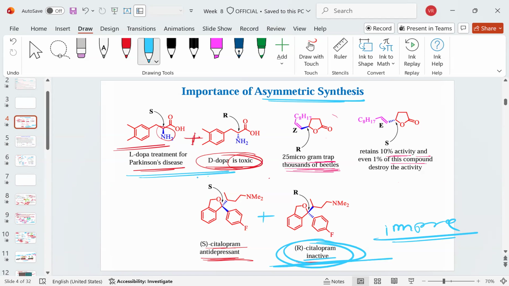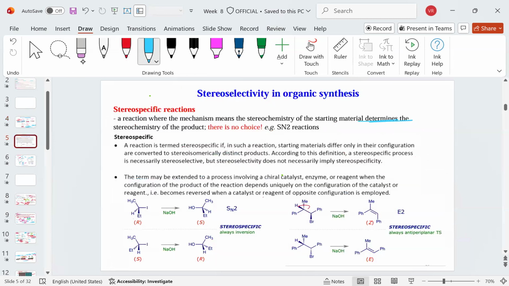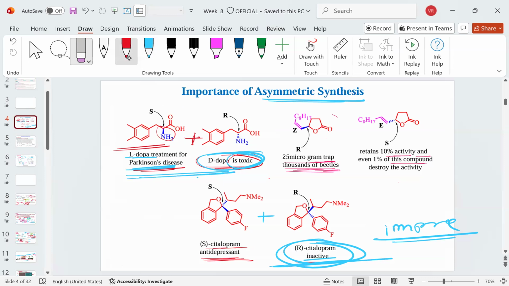But as in the case of dopamine, we cannot really sell this drug in the form of a racemic mixture or an enantiomeric mixture. We need a pure enantiomer of dopamine. Otherwise, a small impurity of the other enantiomer can cause toxicity in our body. Therefore, synthesis of all the chiral centers is important in terms of medicinal chemistry.